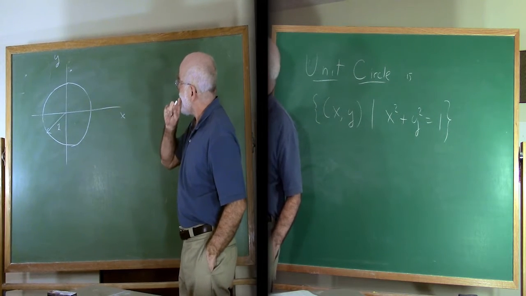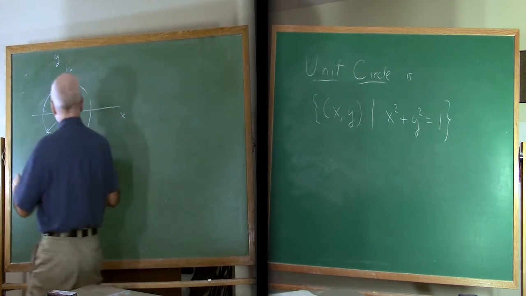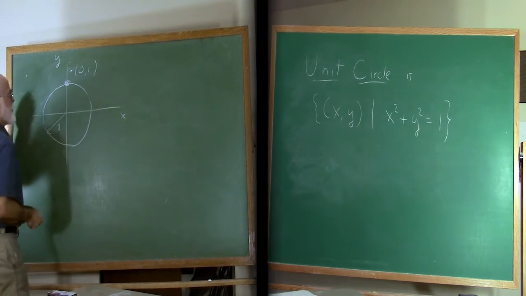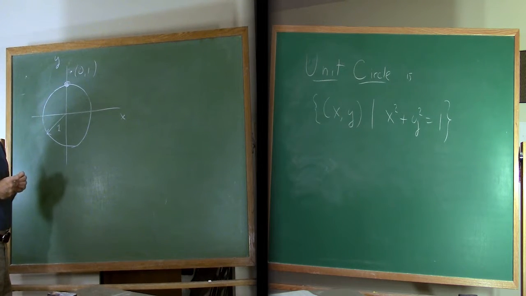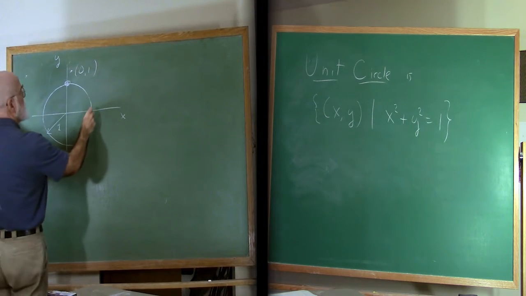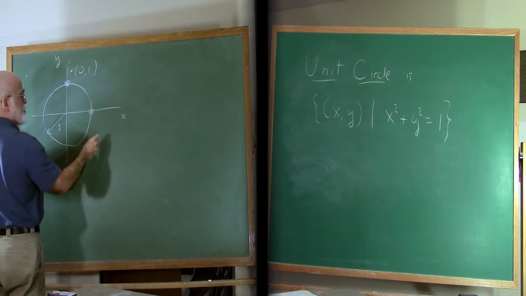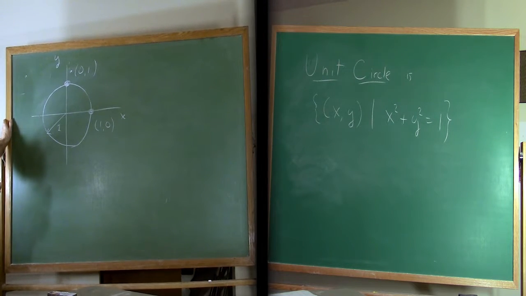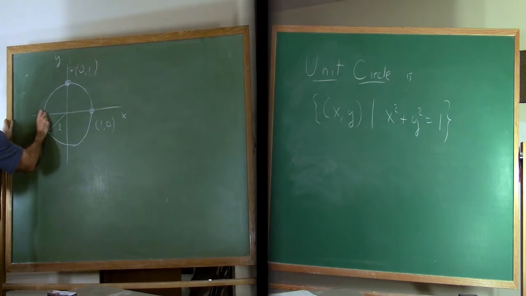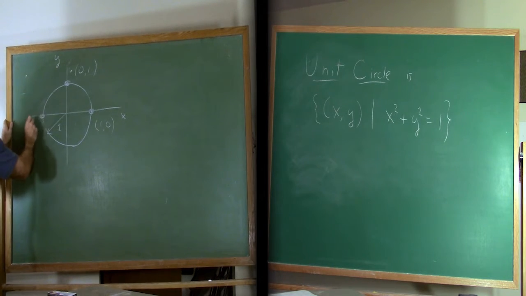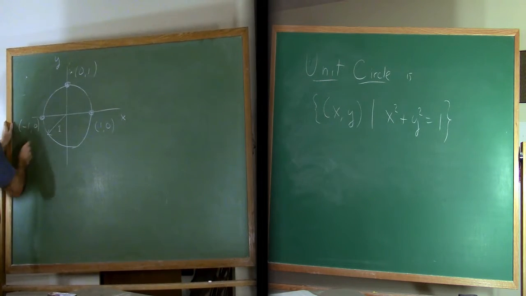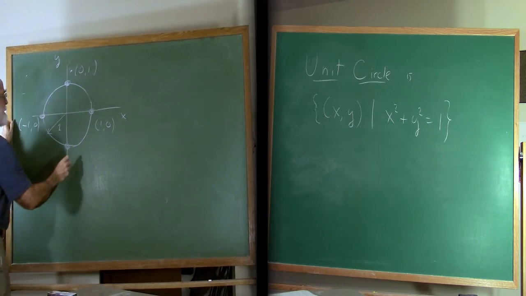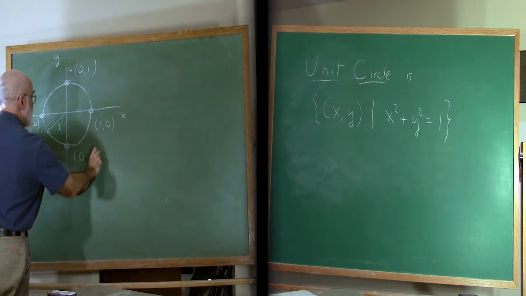Let's mark off some of the most obvious points on the unit circle. Up there at the top, the ordered pair 0, 1. The right extreme, 1, 0. Over here on the left, negative 1, 0. Down here, 0, negative 1.